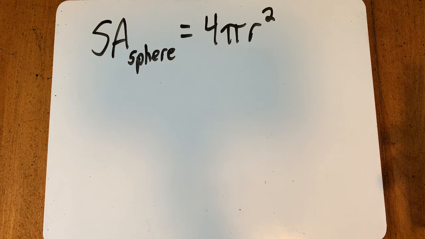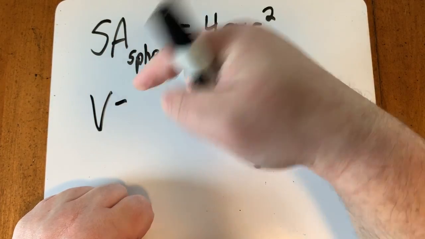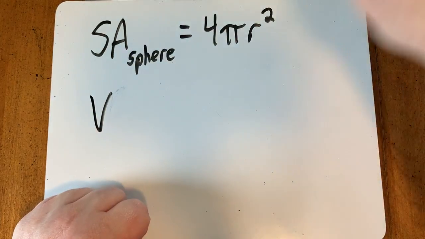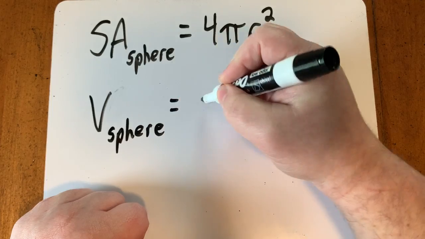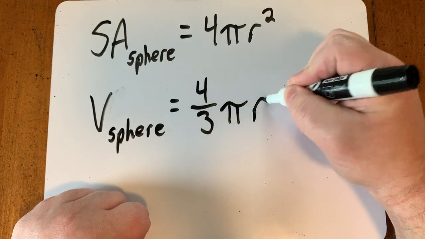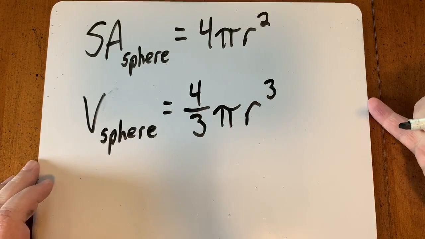And that in the grand scheme of things, it's not really a long time to wait. So here's the volume formula of a sphere. It's 4/3 pi r cubed. All right.